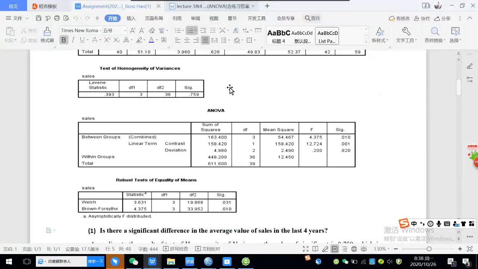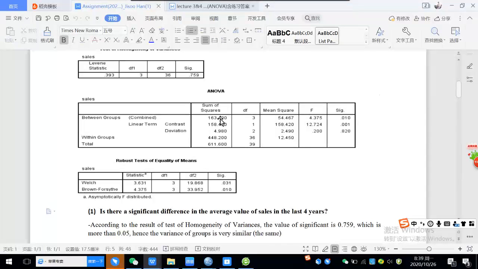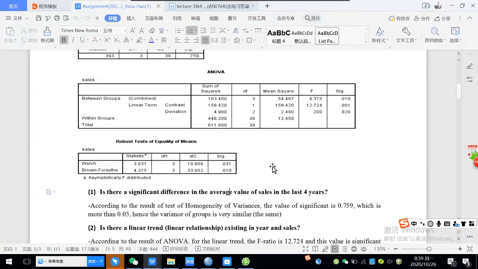Whether the variance is equal or not equal, you will look at a different result. If the variance is equal, we will look at here. If the variance is not equal, we will look at this result. Anyone still remember?